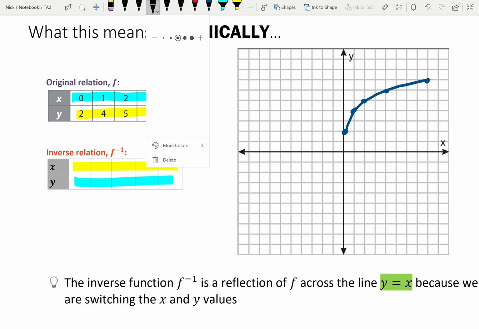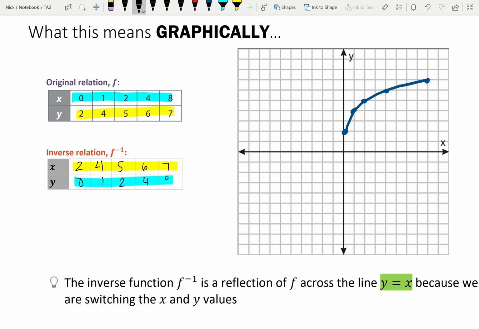So I'm going to write these values right here. Okay, let's do it. So instead of 0, 2, we have 2, 0. Instead of 1, 4, we have 4, 1. 2, 5, we have 5, 2. 4, 6 becomes 6, 4. And 8, 7 becomes 7, 8. Okay, so that is going to be our inverse relation, okay, our inverse function.